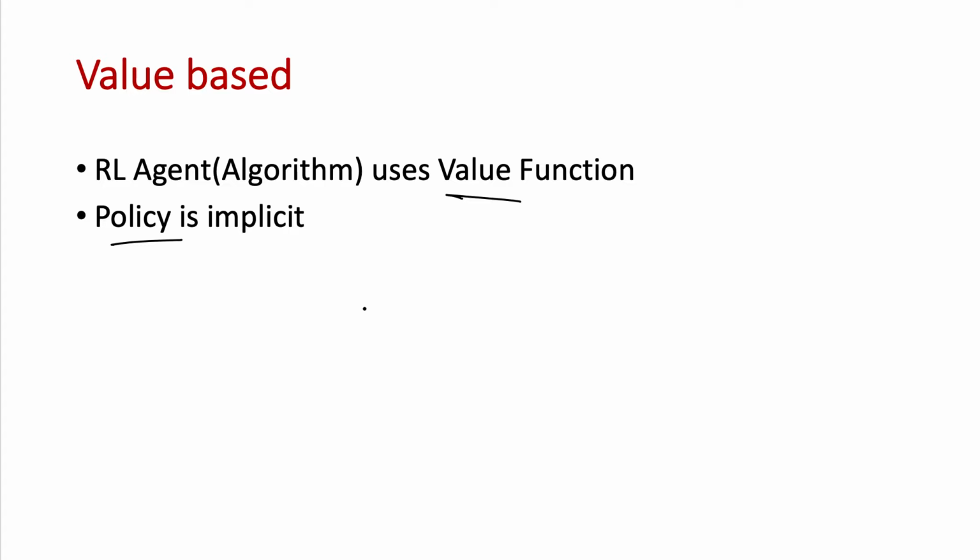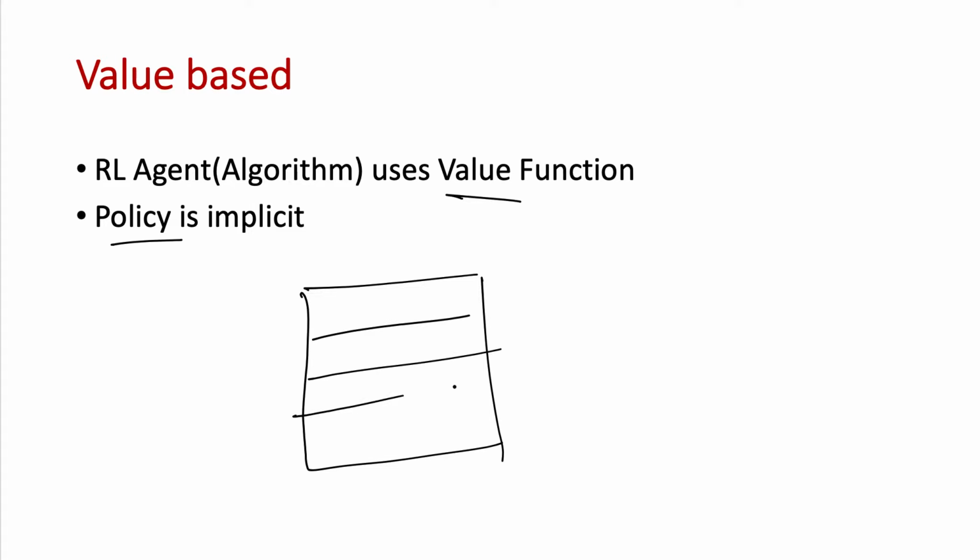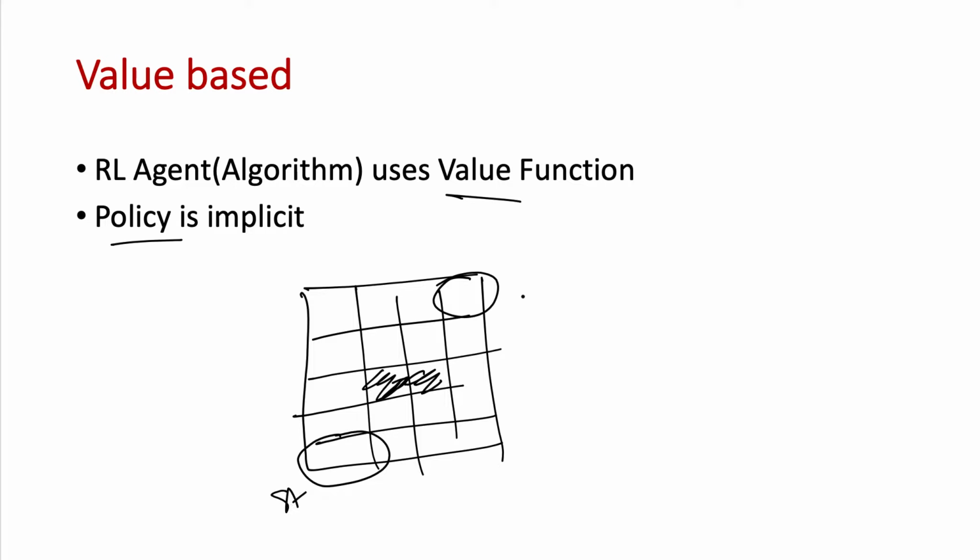So for example, if you are in a grid similar to what we saw in earlier examples, and some of these states are not reachable, and this is the destination state and suppose this is the starting state, and we defined a value function for each state, that is, what's the expected future reward from that state.